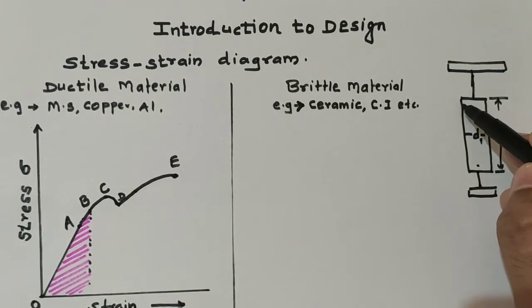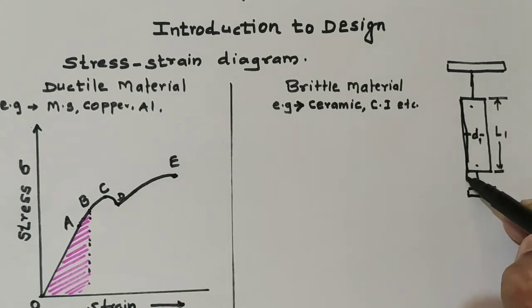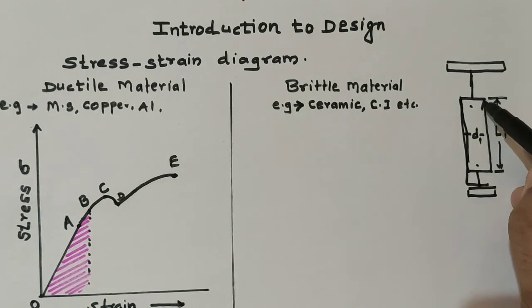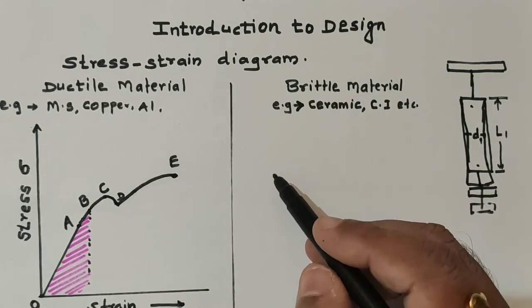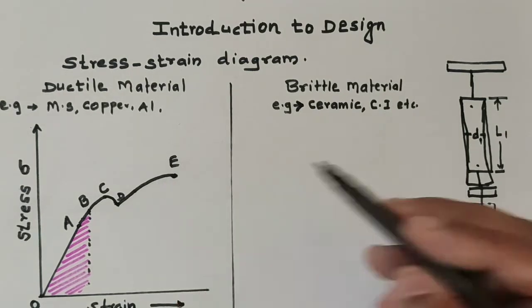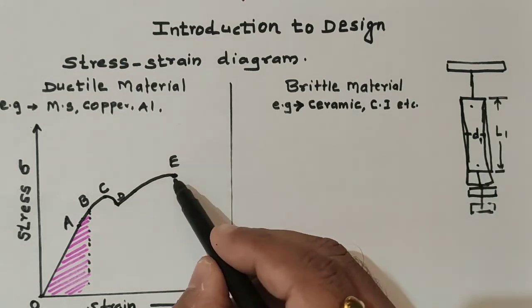Now this area will reduce due to the elongation. So due to elongation, the cross section area is decreased. Now this is the ultimate tensile stress.